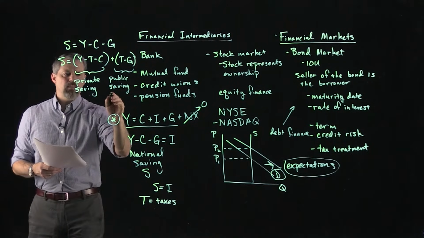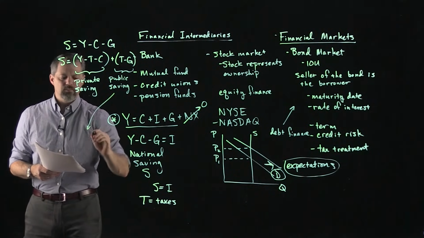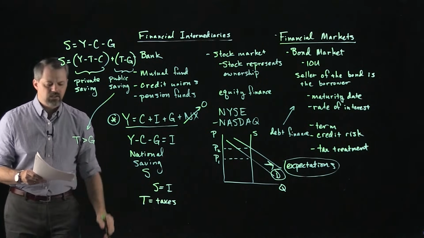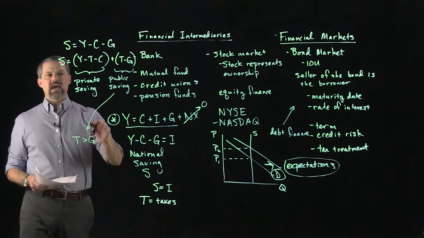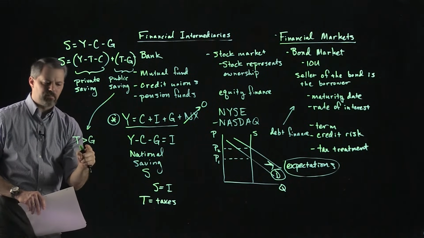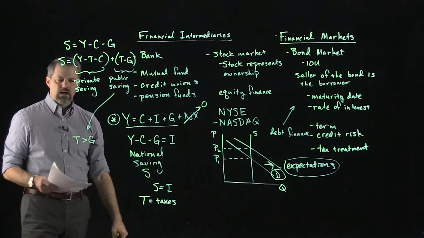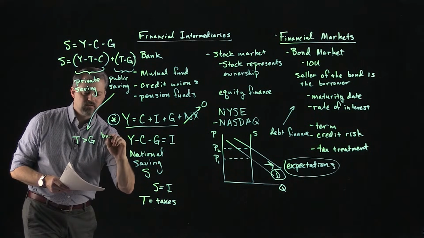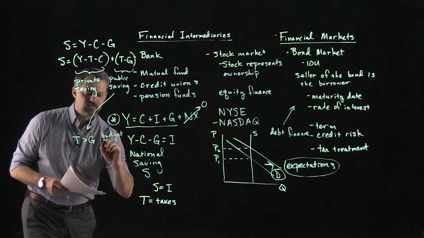So if we think about this term a little bit more closely, if T is greater than G, then we describe that as a budget surplus. If the government income is bigger than what they spend, then this is a budget surplus.